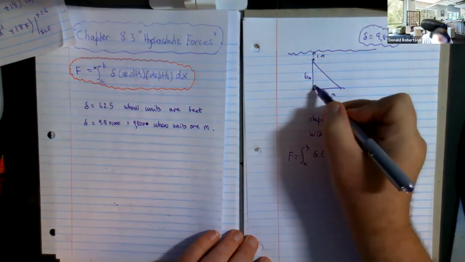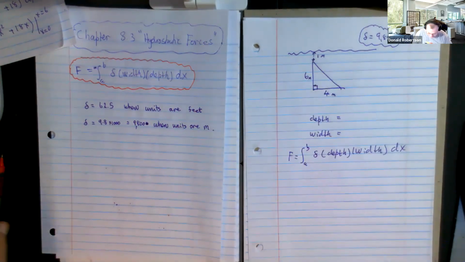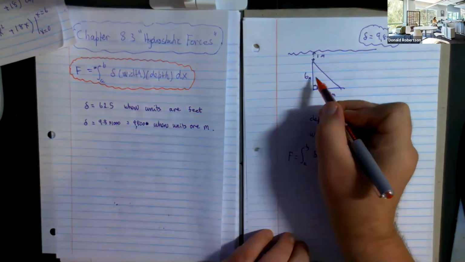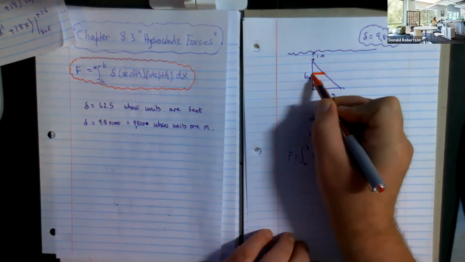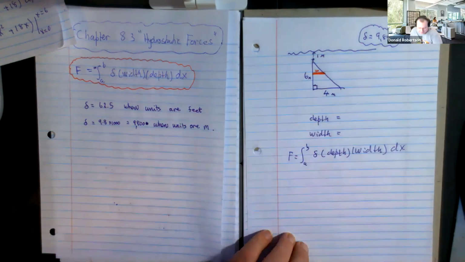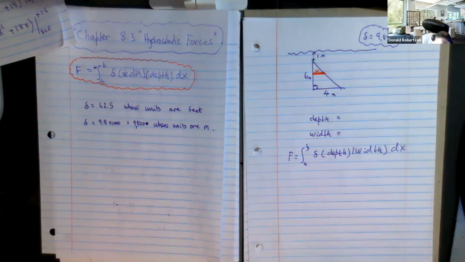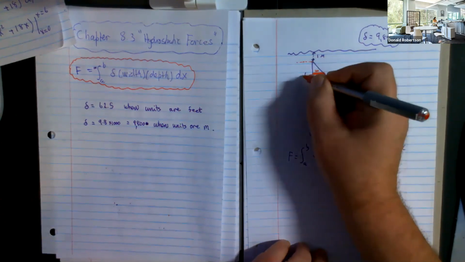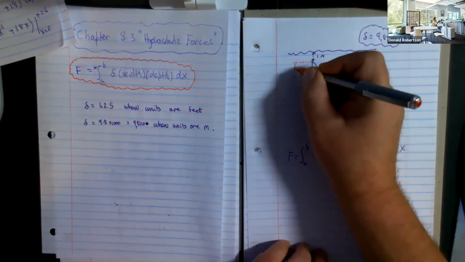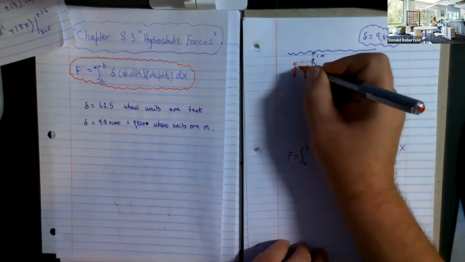It's a little right angle triangle again. I randomly choose a point and call it W, right? That's width. From the top of the shape to here, I'm going to call that distance X.